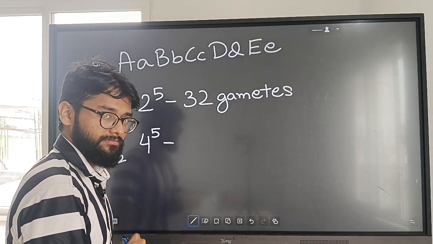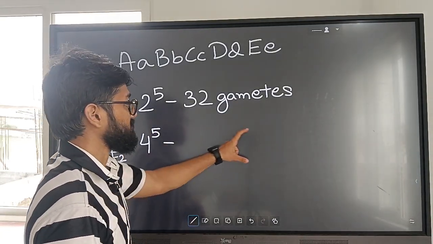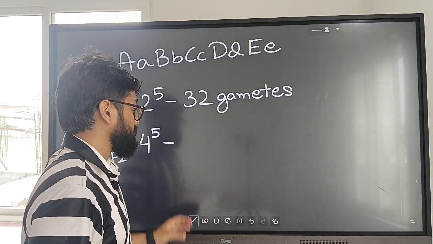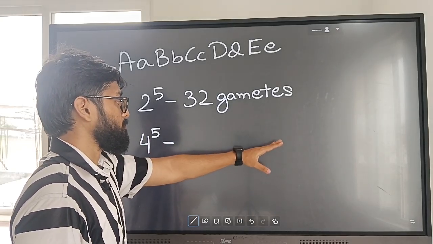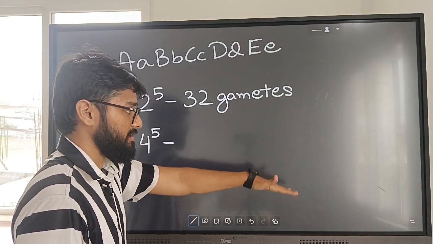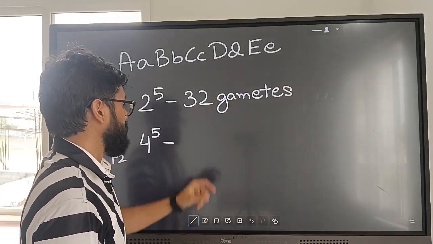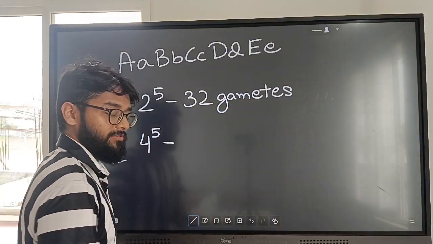In F2, the maximum number of types or combinations that you can receive from these 32 gametes will be 4 to the power 5.